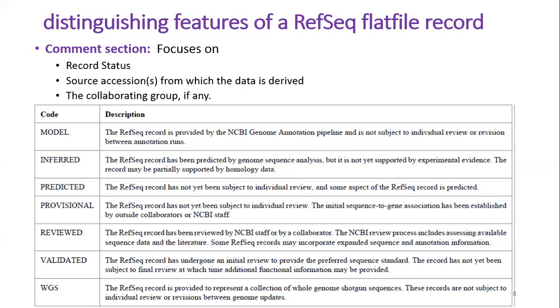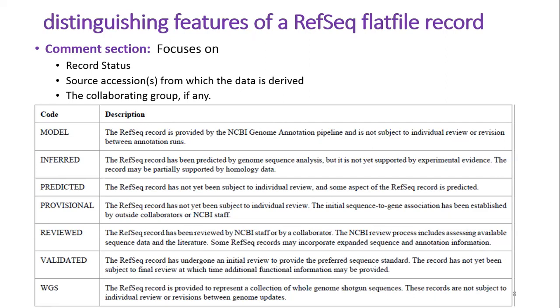We are going to talk about these genome annotation pipelines, and the different pipelines implemented for extracting information and providing it to the reference sequence flat file record, in a little while, and things will get clearer by the end of this lecture. But for the time being, what you have to keep in mind is that every record will have some status, and the status depends on the level of annotation present for that record.